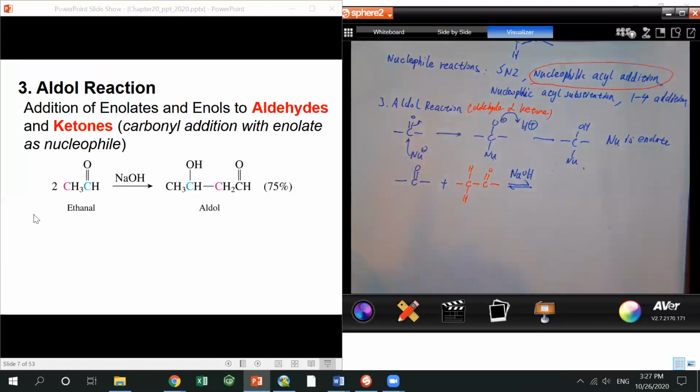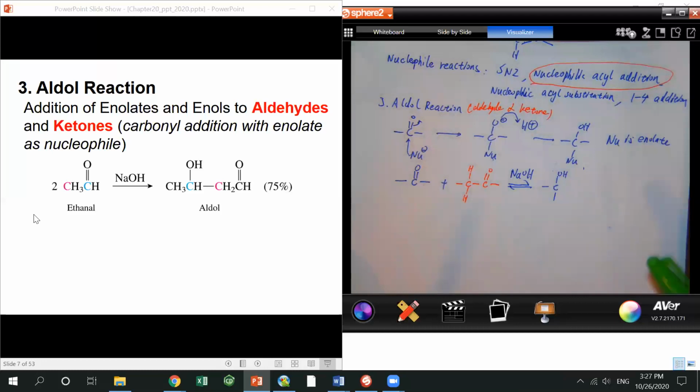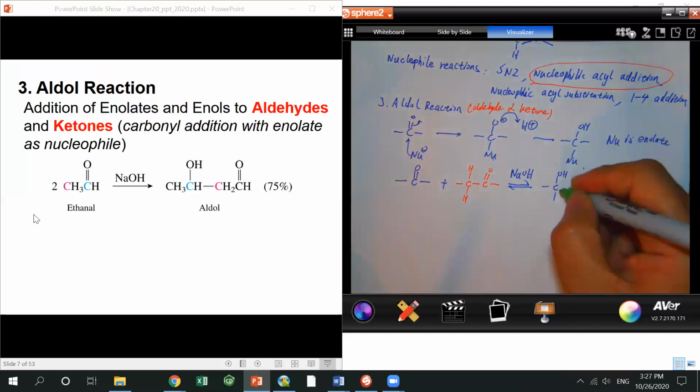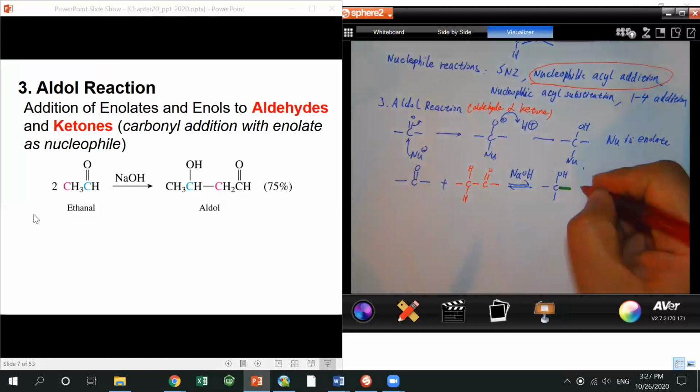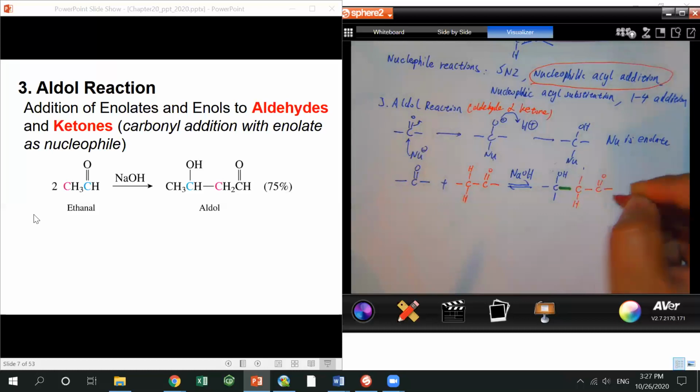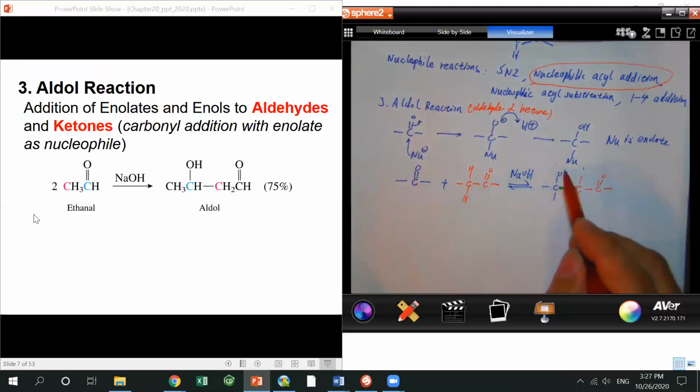So after the reaction, I highlight the new bond in green. You generate a bond between this alpha carbon and the carbonyl carbon, and the carbonyl becomes an alcohol.